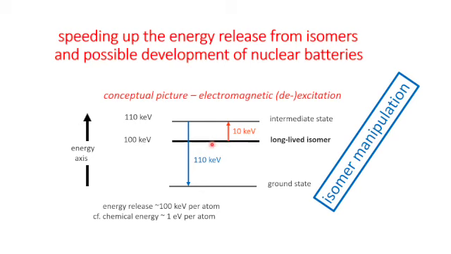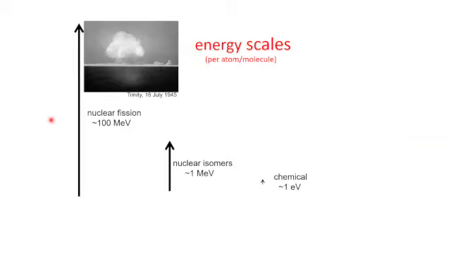But there may be other ways by electromagnetic excitation from an isomer to an intermediate state and then release the energy. So this has been a wish to be able to use external radiation to manipulate nuclear energy. This has been a wish for many years. Is it getting any closer? Well, perhaps.